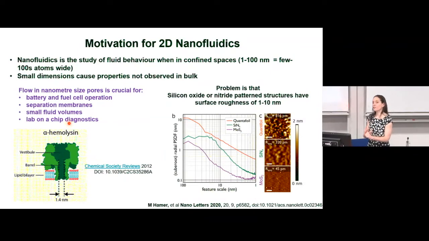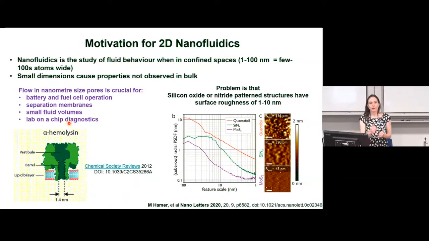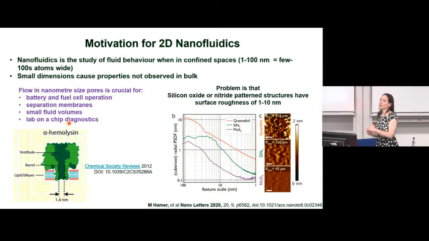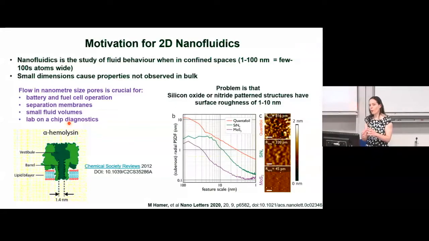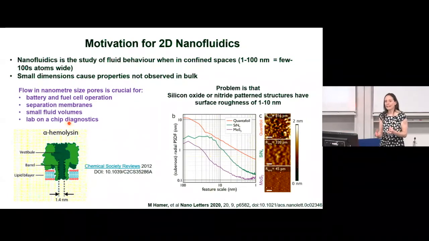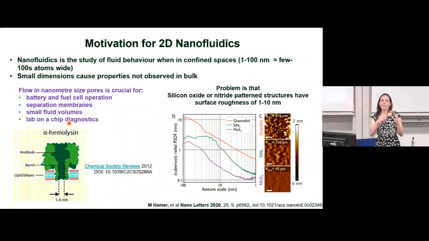And silicon nitride surfaces, when you pattern them or even when you grow them, have a surface roughness of between 1 and 10 nanometers. If you are trying to study the flow of liquid through a nanometer sized pore, when your surface roughness is a nanometer, then your flow is entirely governed by the interaction with that rough surface.